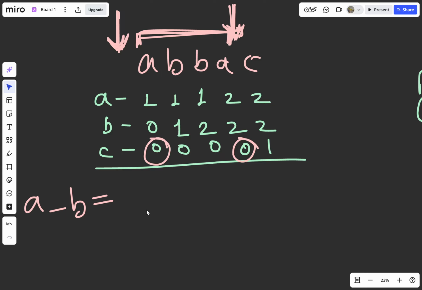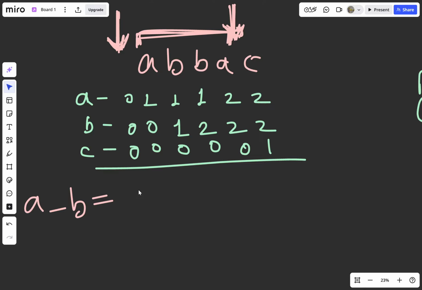We will start from the 0th index and this will start from the 1st index. We will initialize with 0 0 0. Now the count of C here is equal to the count of C here.